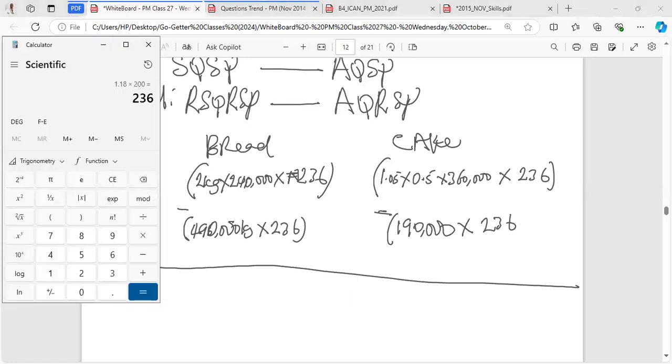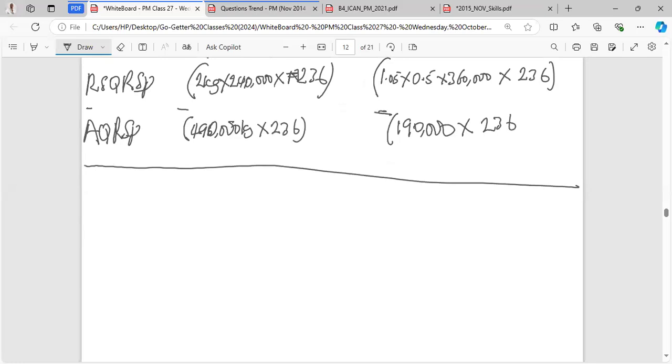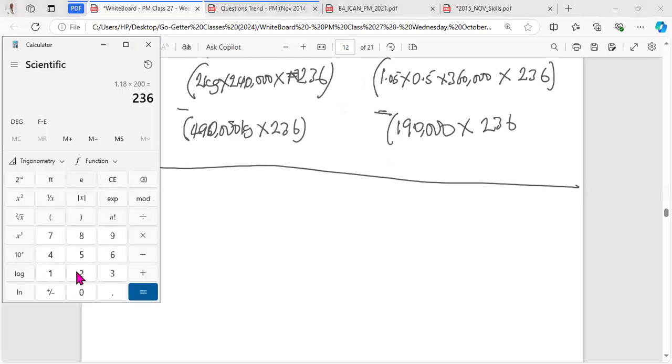Variances is easy to understand and it's also easy to fail. So we have 2 times 240,000 multiplied by 236.